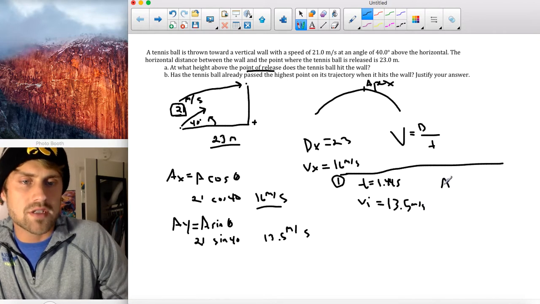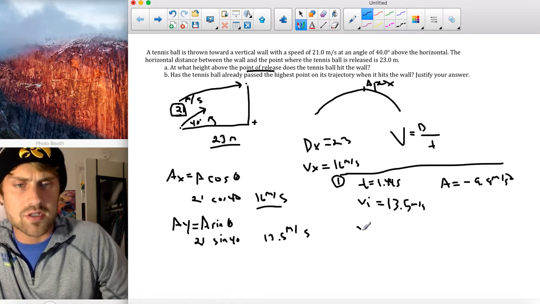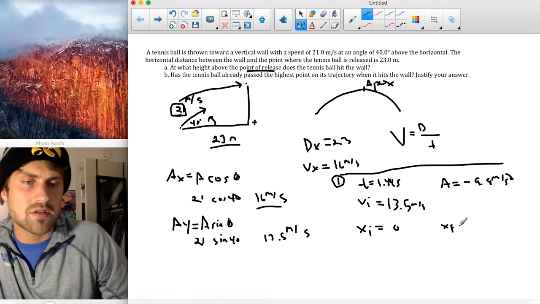We know it has an acceleration of negative 9.8 meters per second squared. What else do we know? We know the initial position is going to be 0. We don't know the final position because that is what we want to know.